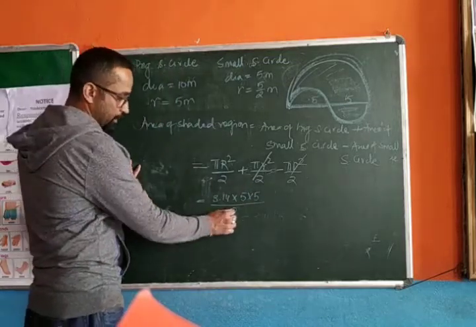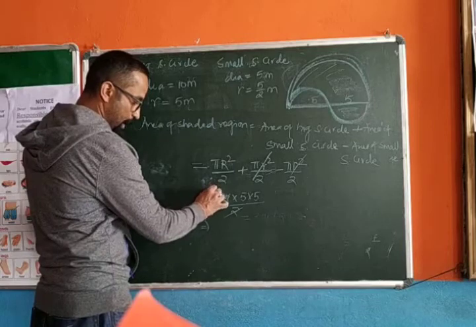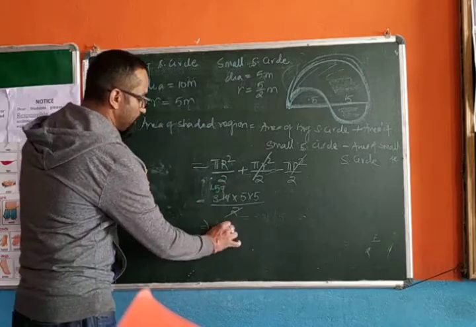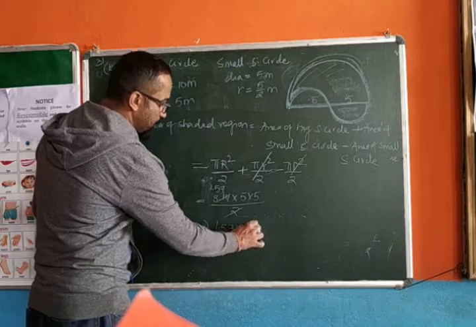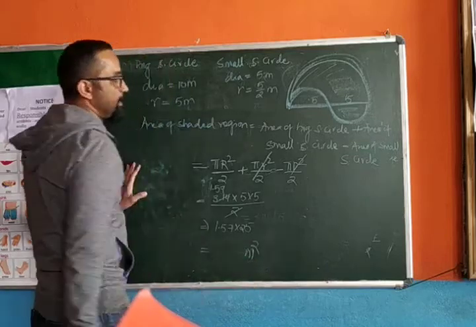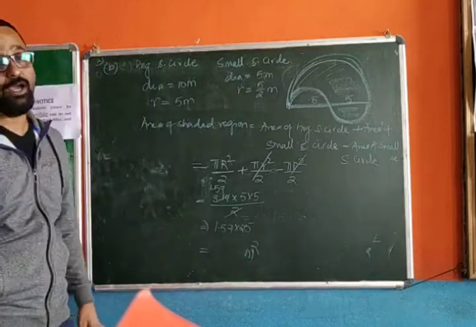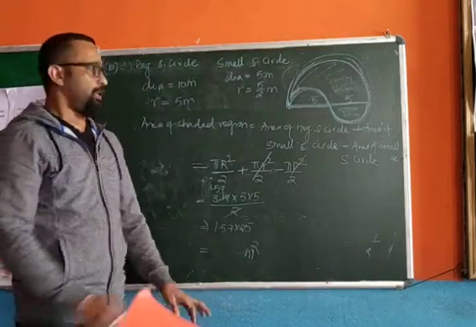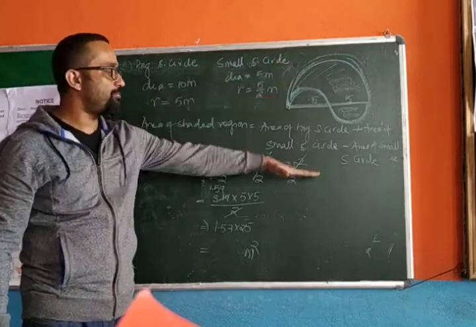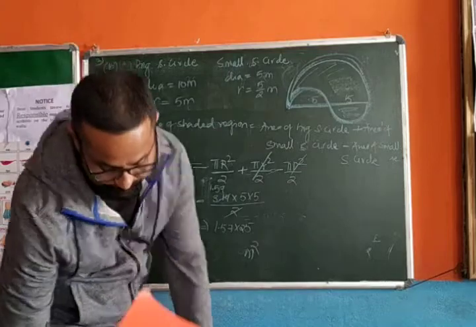Simplify this. You can cancel here to 1.57. So you get 1.57 into 25. Multiply this, you get the value of area of shaded region in meters squared. It is an important question, so you have to analyze the diagram and then proceed with calculation.